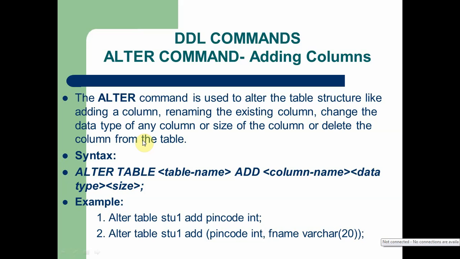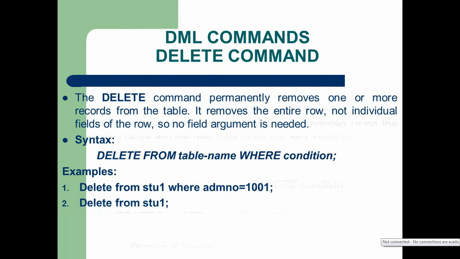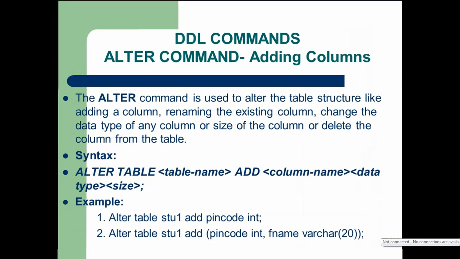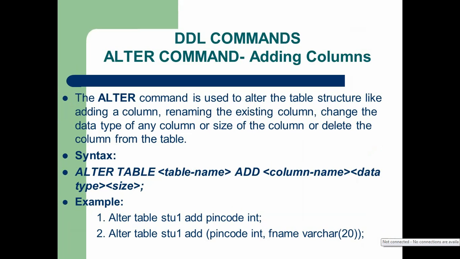In previous commands we saw update and delete, which change the records inside the table, but the alter command is used to change the structure of the table. Adding a column, changing the data type of any column or the size of the column, removing a column. These are the alterations which we can execute by using the alter command.